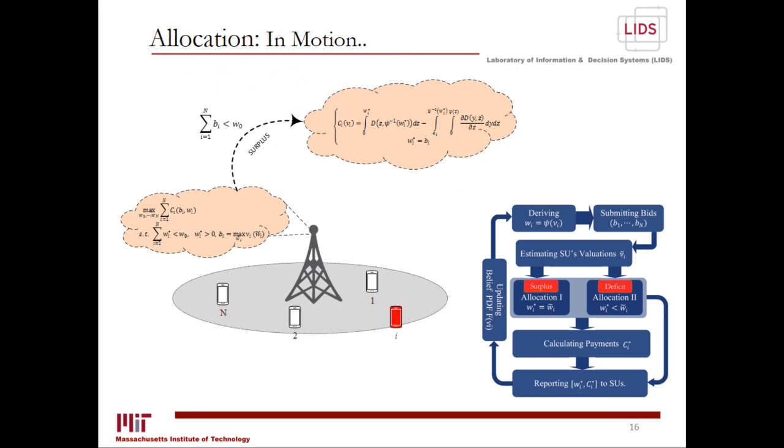In the case of surplus, by solving the maximization problem, this is going to be the system of equations that we have. The base station will be able to provide whatever the devices requested, so it can cater to that. But it has to follow this pricing rule in order to be able to induce truthfulness, meaning that devices won't have any motivation to deviate. But in order to do that, valuations have to be estimated.